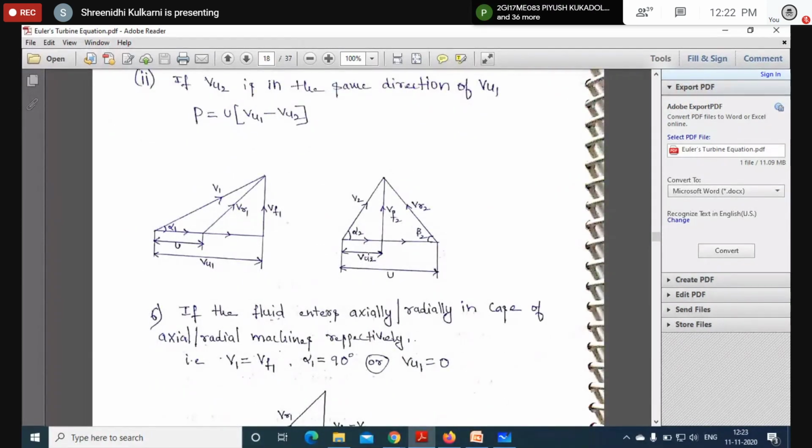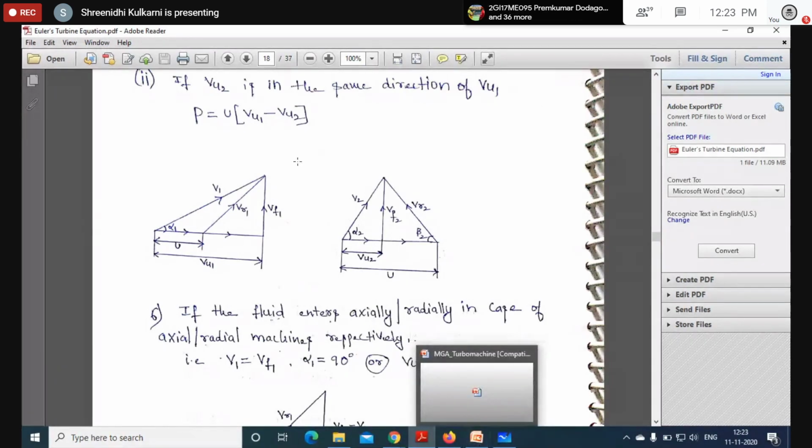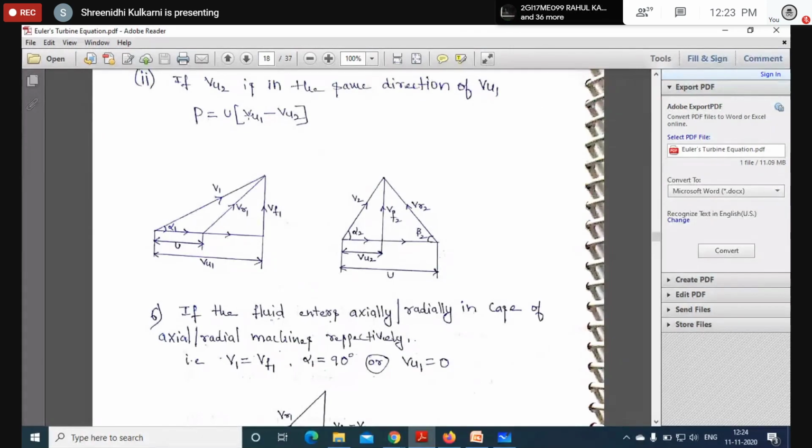Then the direction will become left to right, when VU2 becomes negative. Got it? Then the equation will become P equals VU1 U1 minus VU2 U2.